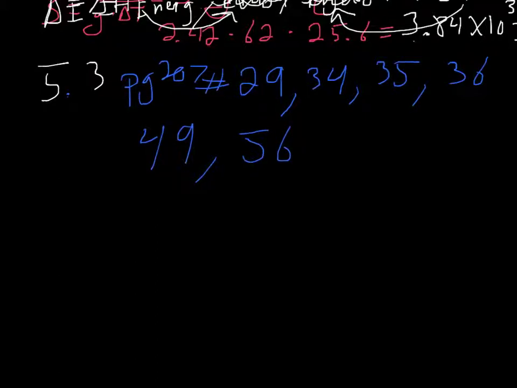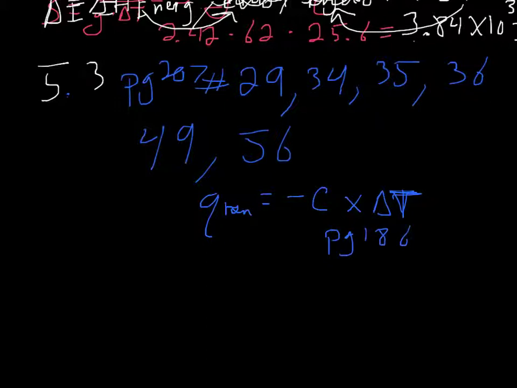The formula you will want to use on 56 is in the calorimetry section: the heat of the reaction equals the negative heat capacity of the calorimeter times the change in temperature. That formula is found on page 186, and it gives you an example you can follow along with. Remember, C is heat capacity, S is specific heat.